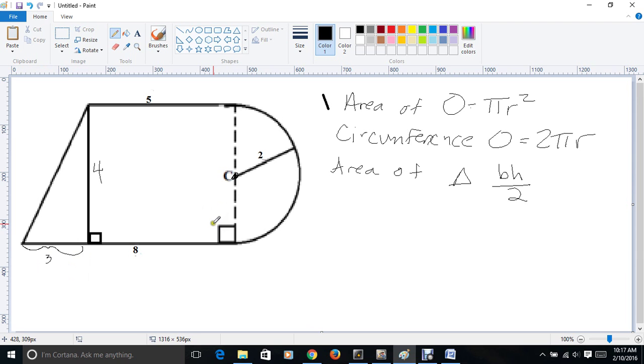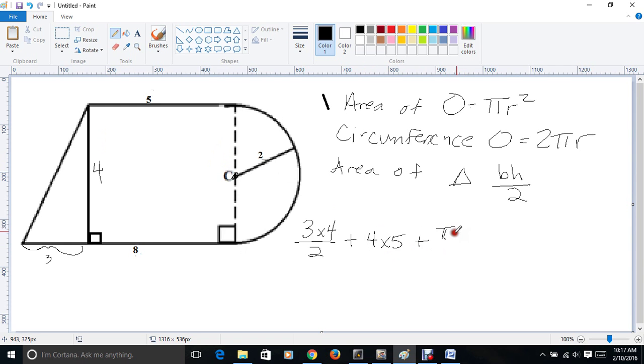So the area of the triangle is 3 times 4 over 2, base times height over 2. The area of the rectangle is 4 times 5. And then I'm going to add the area of the semicircle, which is pi r squared over 2.